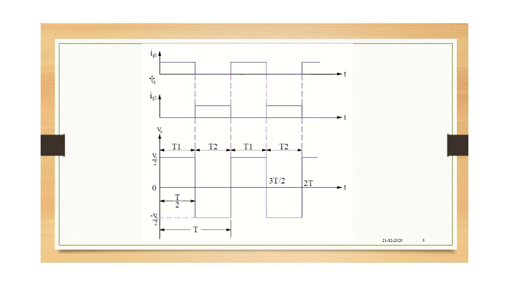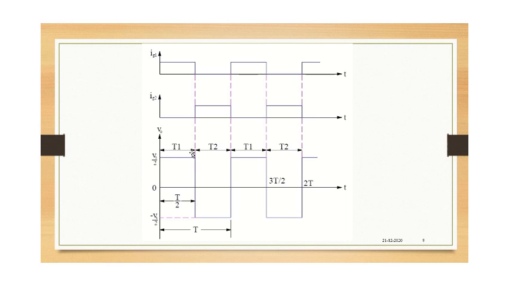It is the gate triggering signal that is applied to thyristor 1 and thyristor 2, right? It can be a single pulse, a small spike to turn on the thyristor, or it can be a pulse train, right? So during this duration, when IG1 is applied, obviously T1 will be conducting.